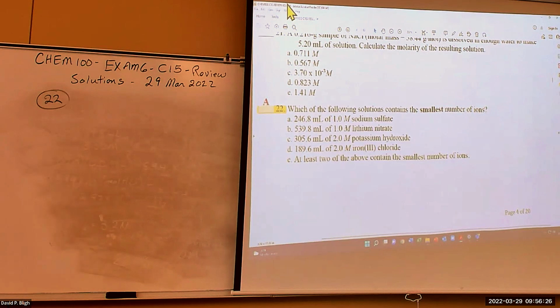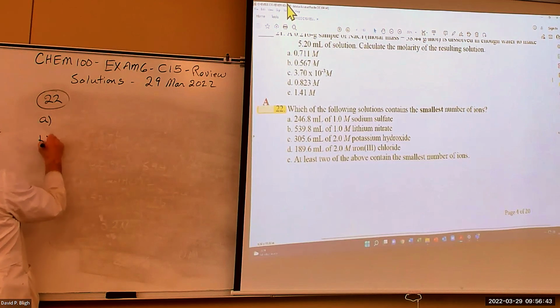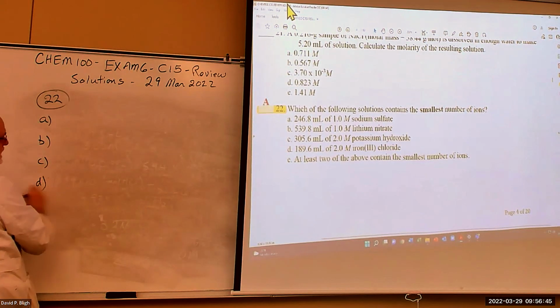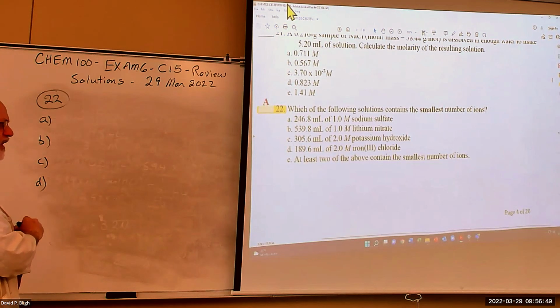Which of the following solutions contains the smallest number of ions? Okay, what I'm looking at is an assembly line, Henry Ford. So if we set it up like this, A, B, C, D, and E says at least 2 of the above contain the smallest number.